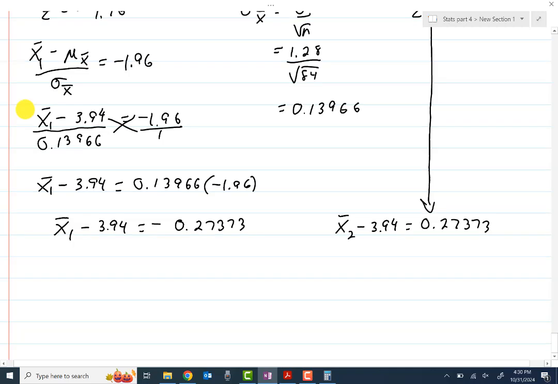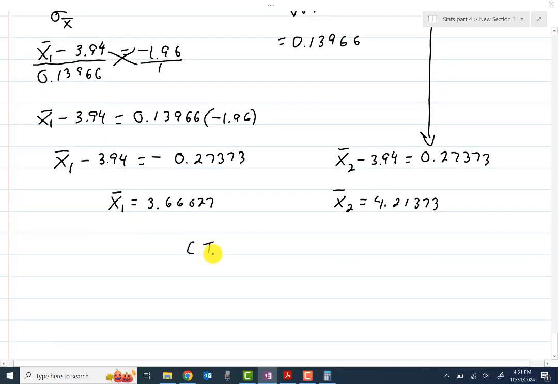And then add 3.94 to each of these equations. 3.66627 for that one. So I've got my interval then. Confidence interval equals 3.66627, comma, 4.21373.